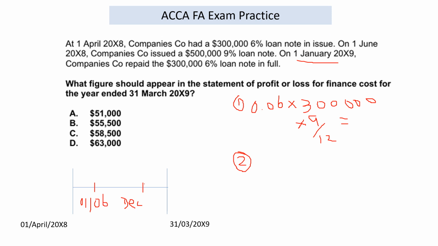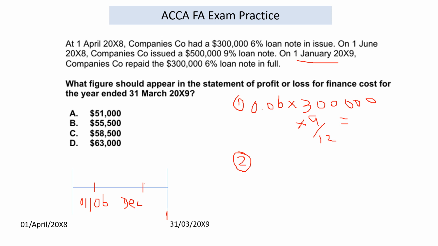And we haven't repaid this one, so it was still in existence at the end of the financial year. So all we have to do is count the number of months of interest. So for June, July, August, all the way until 31st of March 2009. Now, if you count it, you will see it comes to 10 months.